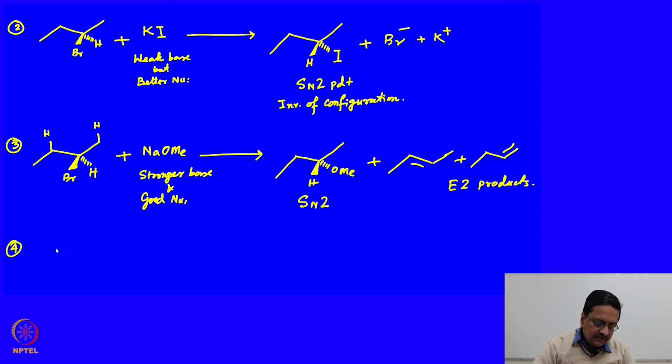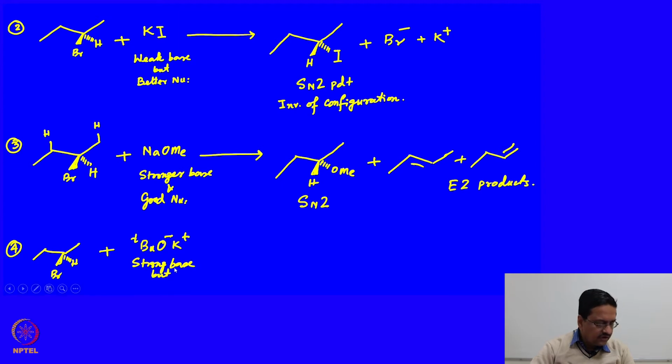Now, if we take a different base for the same substrate, potassium tert-butoxide, which is a very strong base but a very poor nucleophile. Why? Because this is a bulky group and hence cannot go for any substitution reaction. So, this base is a non-nucleophilic base.